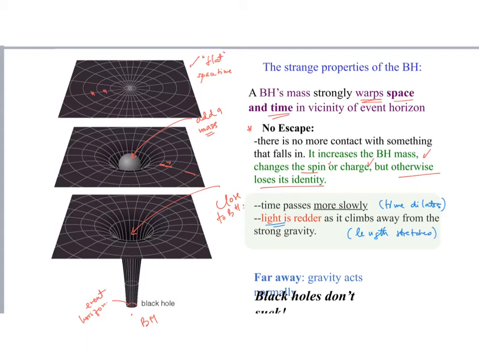For example, light, any kind of wavelength, is going to become longer. That means redder, as it tries to climb away from the strong gravity.